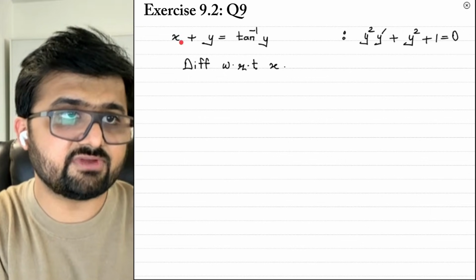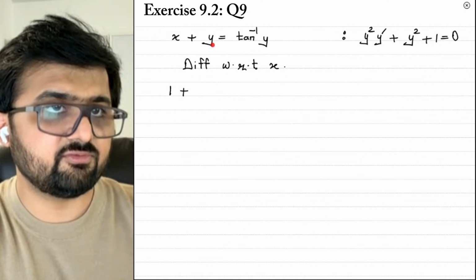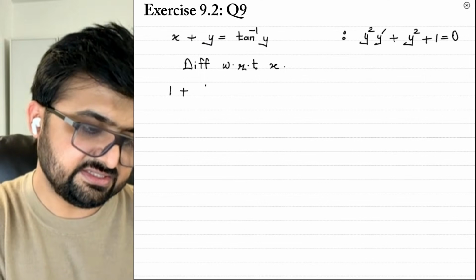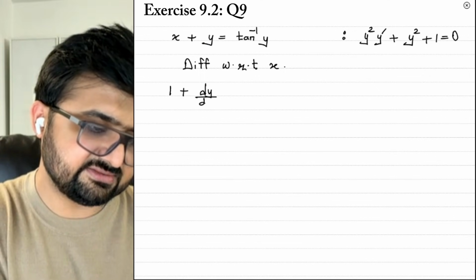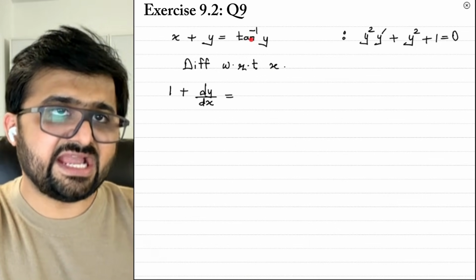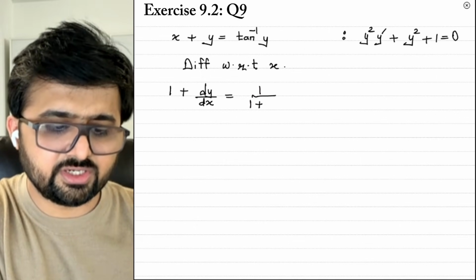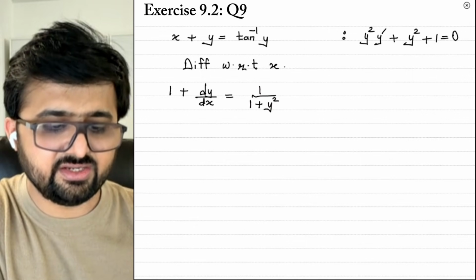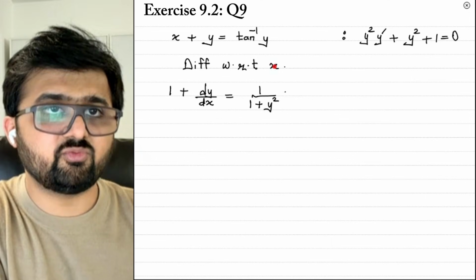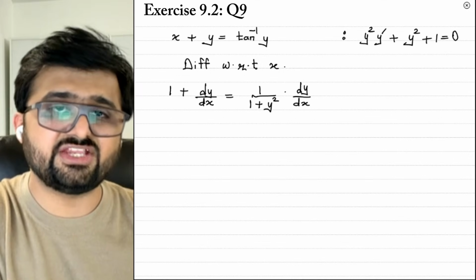So derivative of x with respect to x is 1 plus derivative of y with respect to x is dy by dx, is equal to the derivative of tan inverse y with respect to x, which is 1 upon 1 plus y square times derivative of y with respect to x, which is dy by dx, by chain rule.